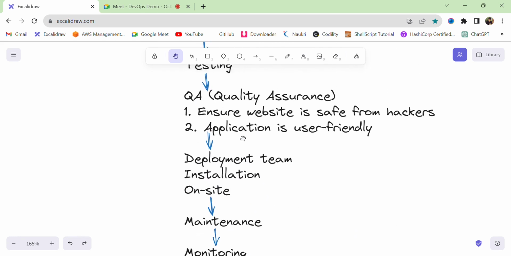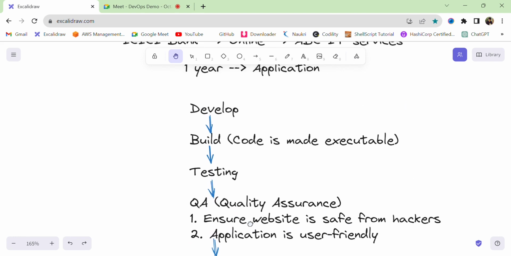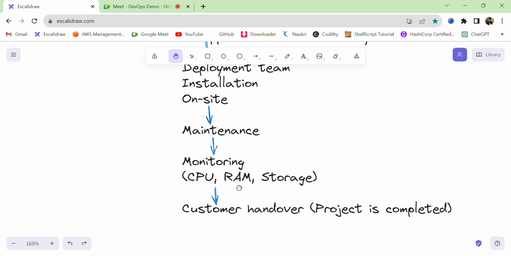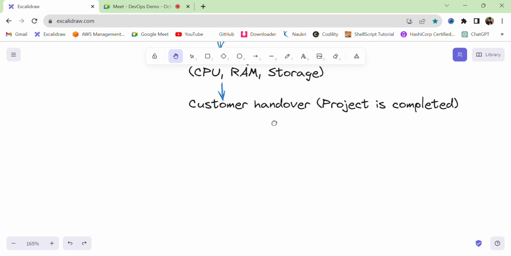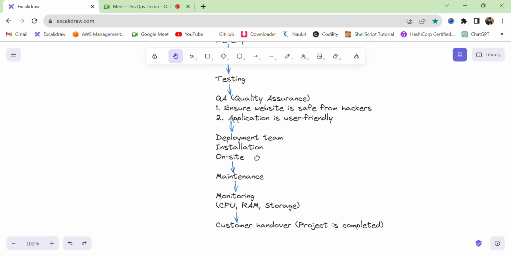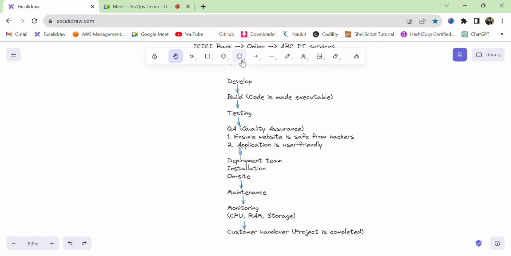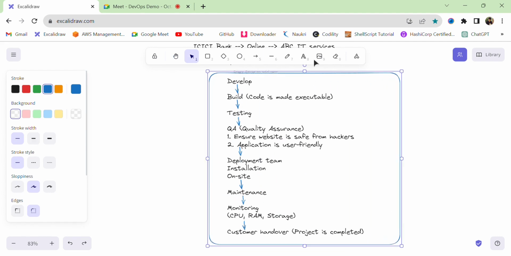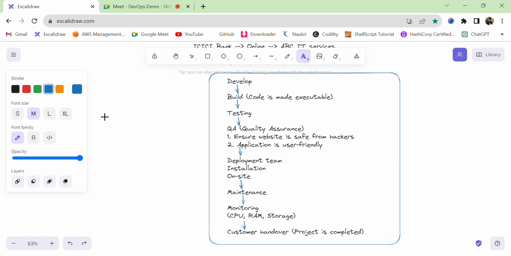Now, all the stages that I have explained to you guys, right from development till the handover, these processes are called the software development lifecycle. Okay, so all these processes that you can see over here come under the software development lifecycle.